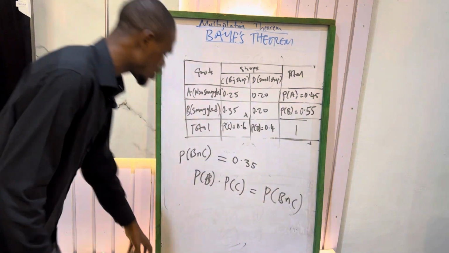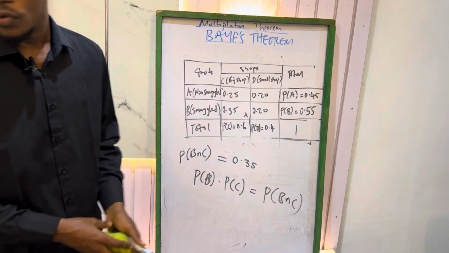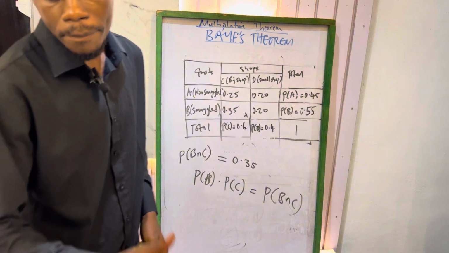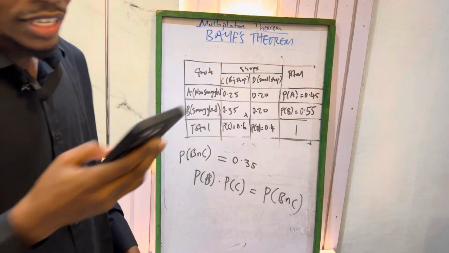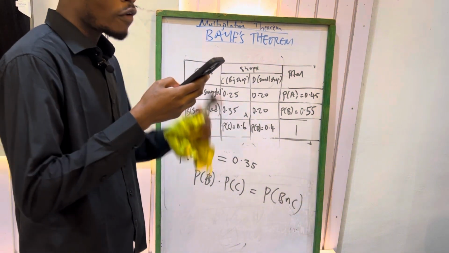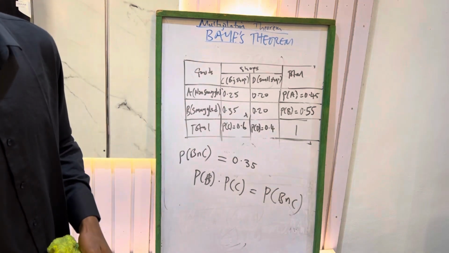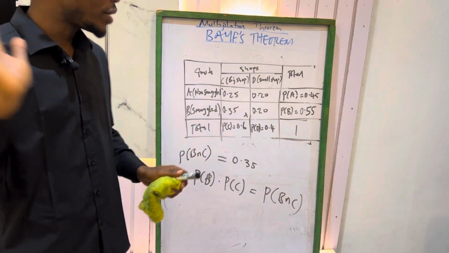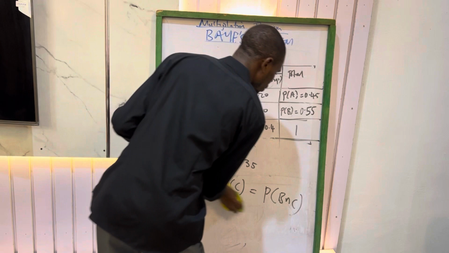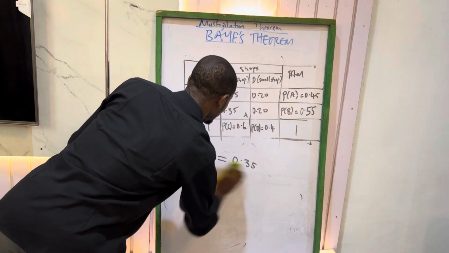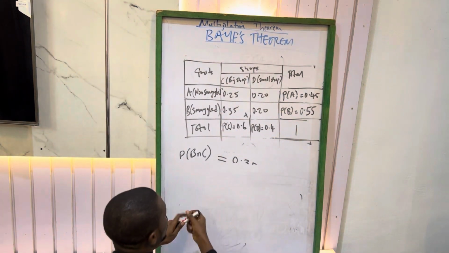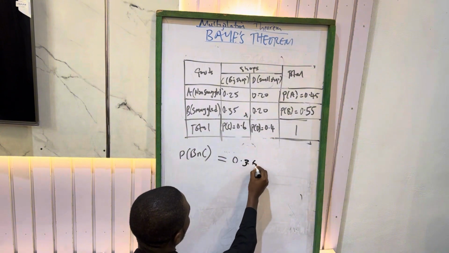So to solve the next question better, the next question asks us to find probability of B depending on C. If I solve that, you will be able to solve the rest of the questions that follow. So from the table, we're going to get the probability of this.